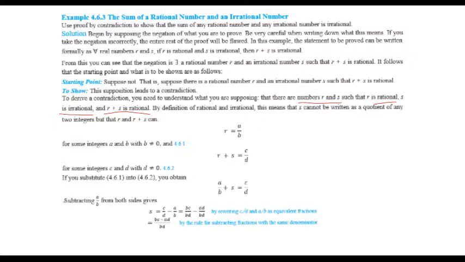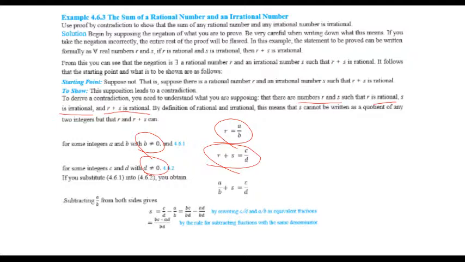Okay, so R is rational, so R can be written as A divided by B based on the definition of rational numbers, and B is obviously not 0 because it's in the denominator, and also since R plus S is rational, it can also be written as C over D, where D is not 0, right?